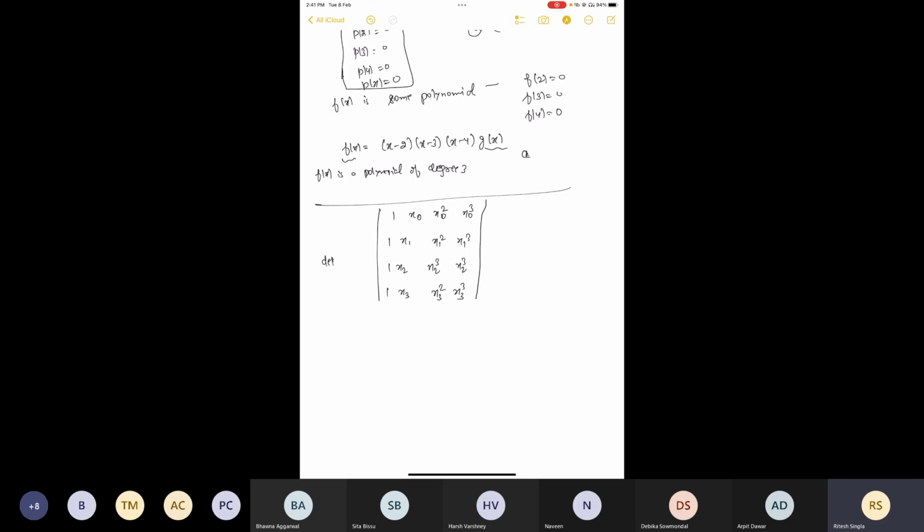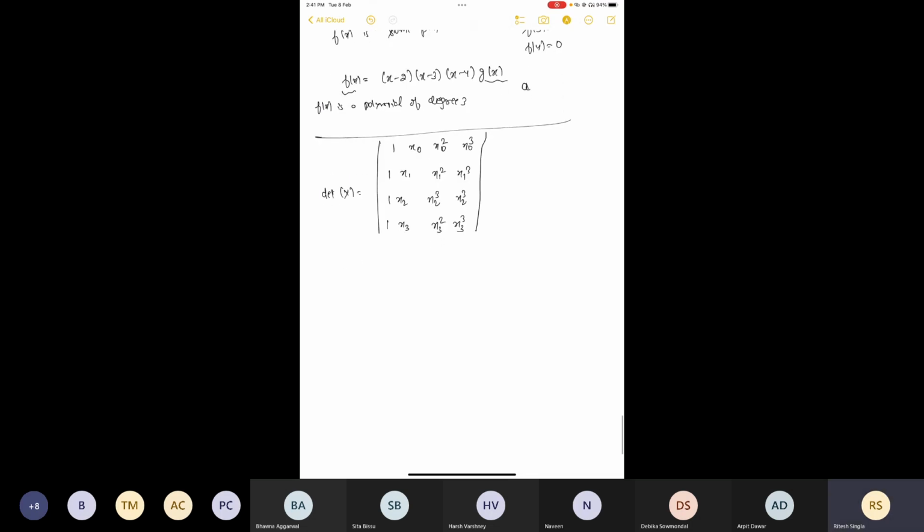So it is my determinant of x. If I solve this, then what I know is that x1 x2 square x3 cube has coefficient 1, right? That is true, right?